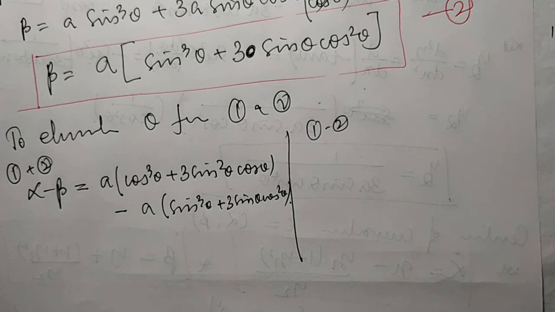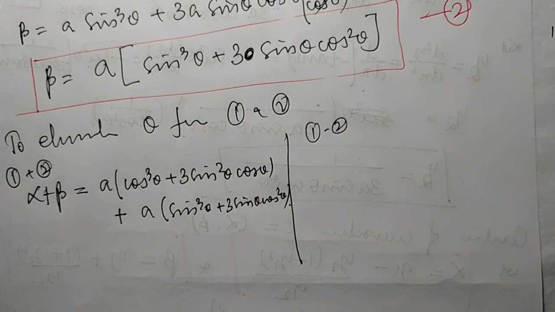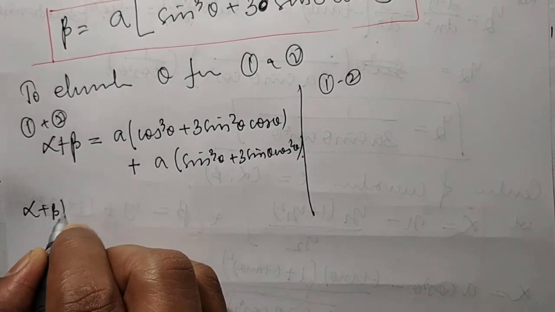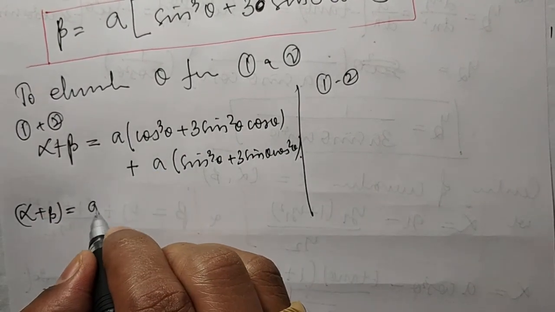Sorry, adding. First we add. Okay. Then what do we get? Alpha plus beta is equal to, adding, a is common, keep it out.